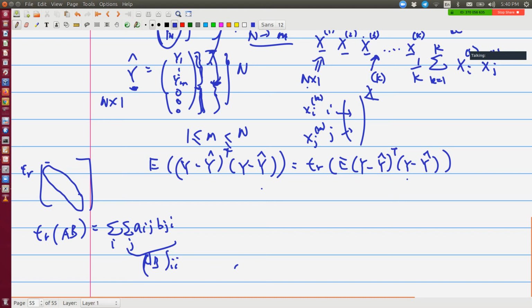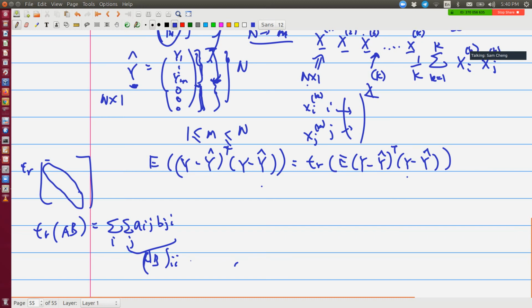So then trace is the sum over that, the sum over all the diagonal elements. So it's only the diagonal elements, yes, only diagonal.